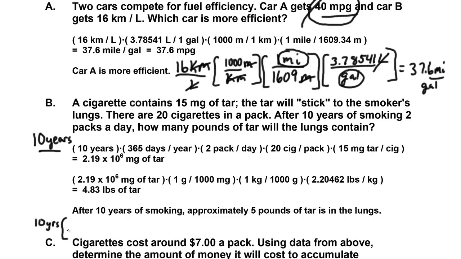And in 10 years' time, we know that there are, let's see, each year, we have to put year in the denominator, 365 days. Okay, so that gives us how many days? But you notice that the problem says we're going to smoke 2 packs of cigarettes a day. So each day, we are going to smoke 2 packs of cigarettes.